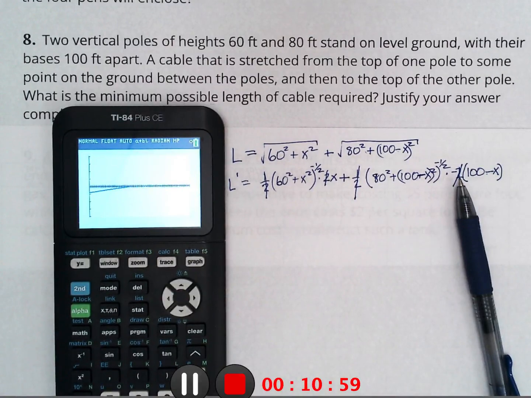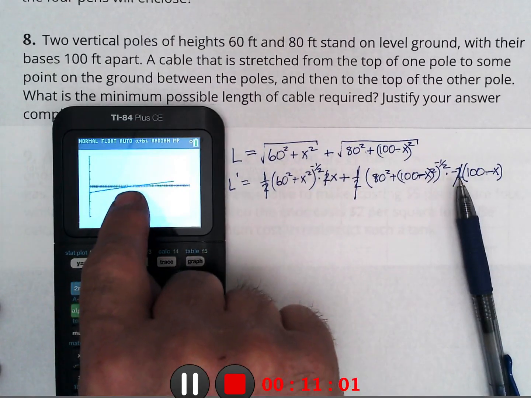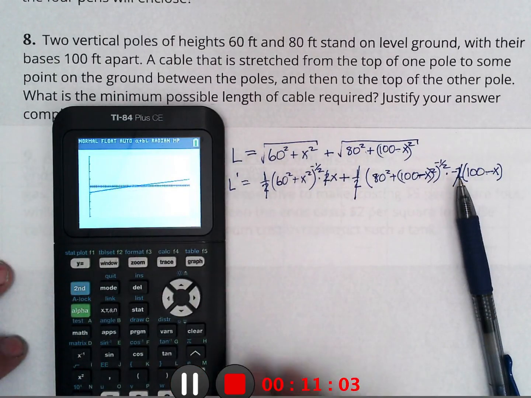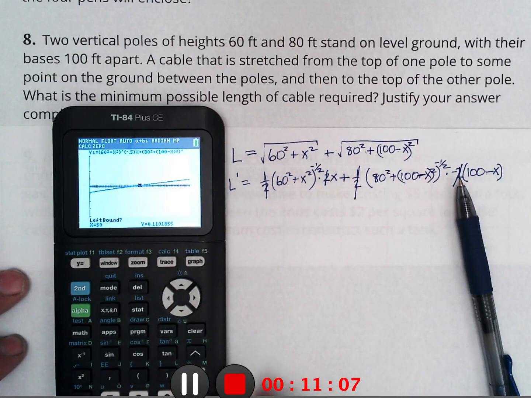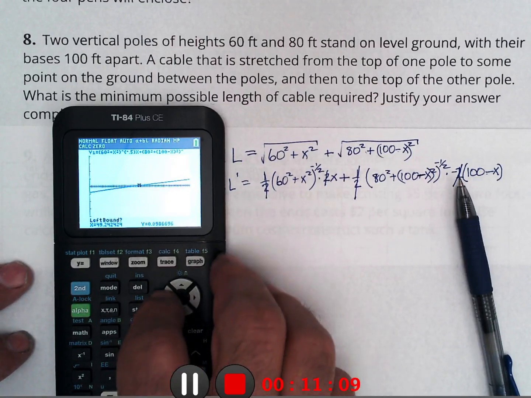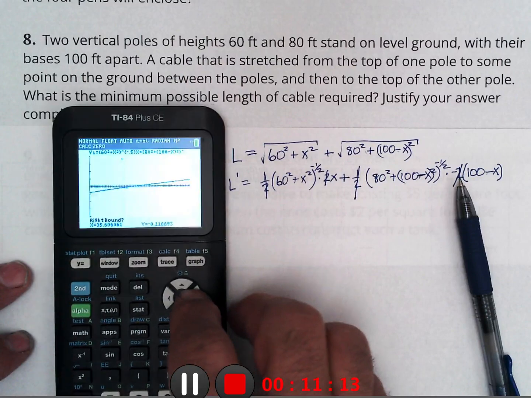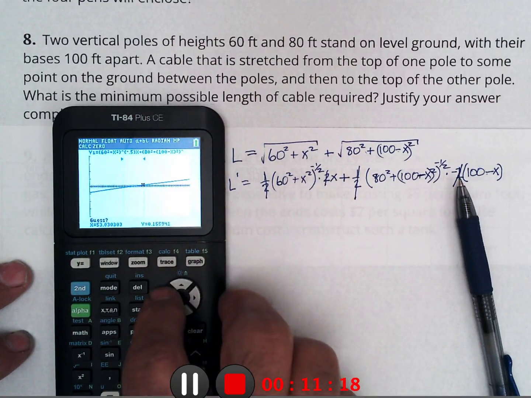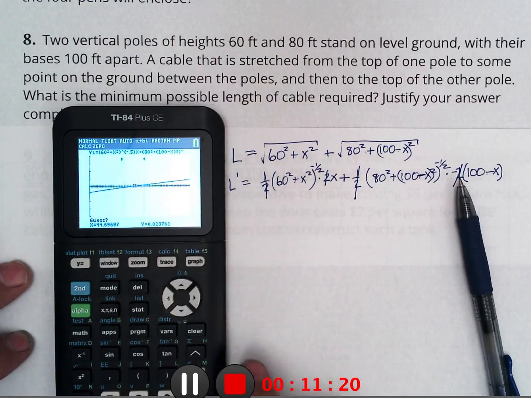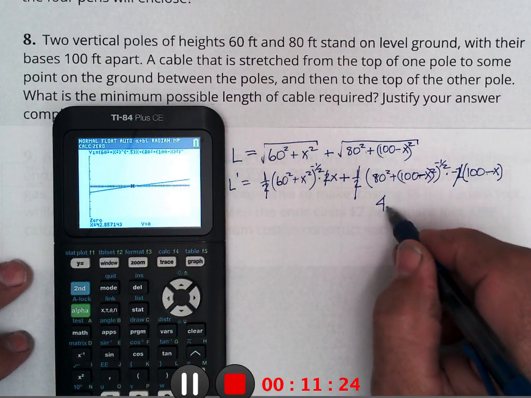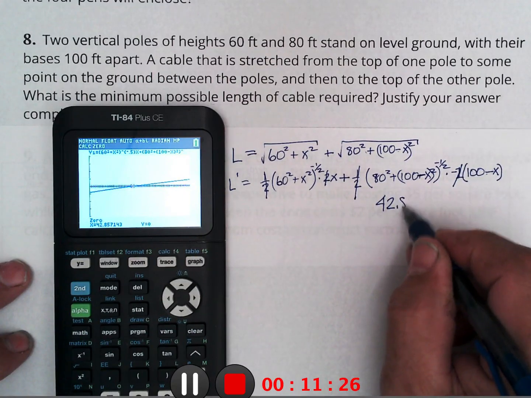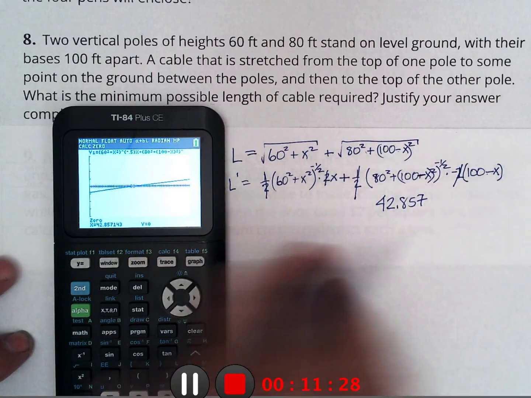It looks like it crosses somewhere in here, so I'm going to go second, calculate the zero between there and there, and it's about there, and it tells me it's at 42.857. That's X.